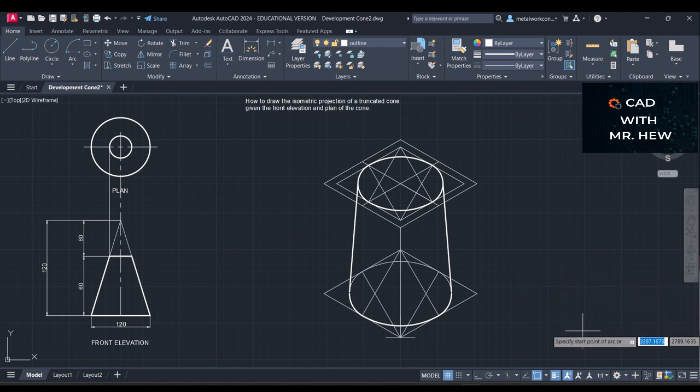All right. So I promise you that I had three questions. What shape do you get when you draw a circle in isometric? And then the next question is, what is a truncated cone?